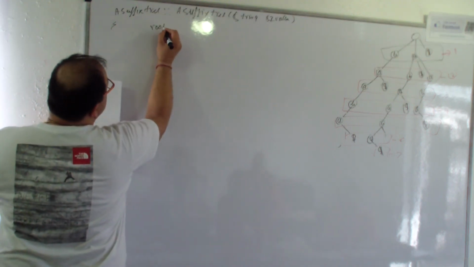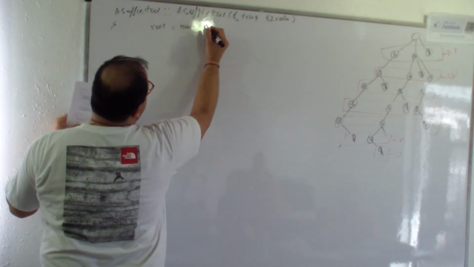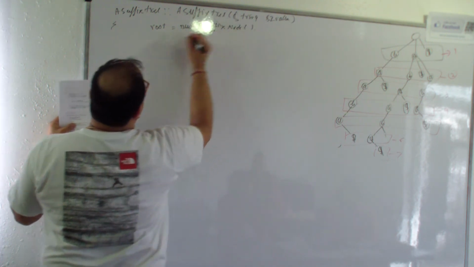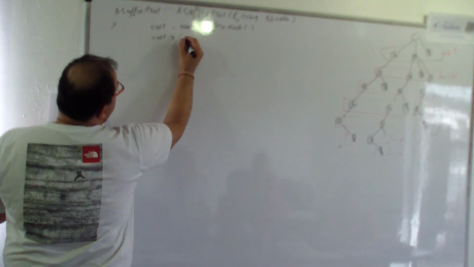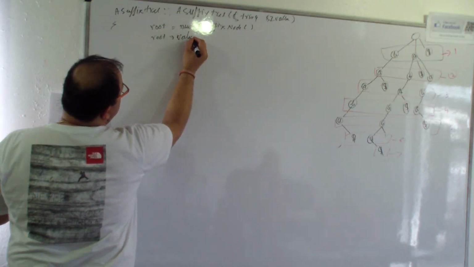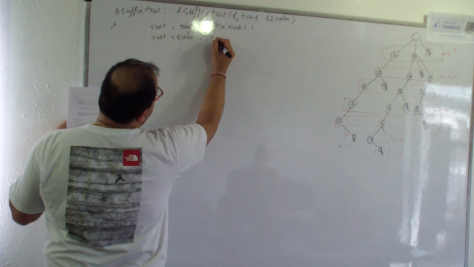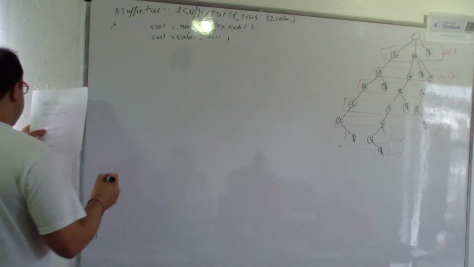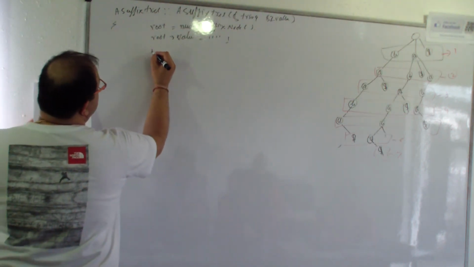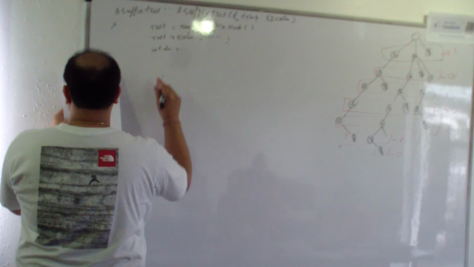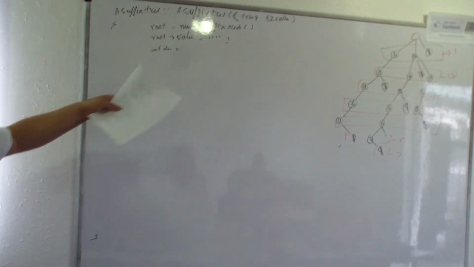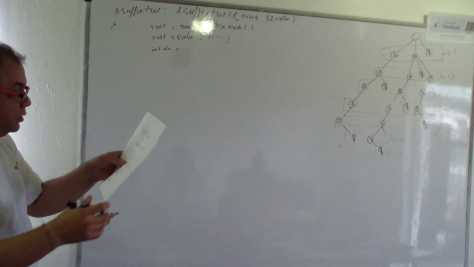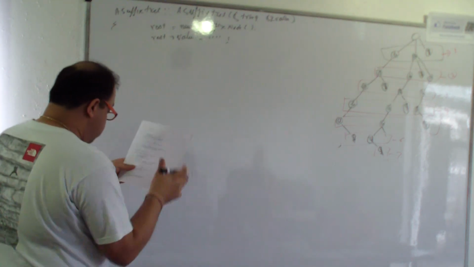So root is equal to new suffix node, and root arrow value is equal to blank. There's nothing in the value of the root. Then integer length is equal to the length of the string that we have passed, and if it is 0, we'll just add a dollar to that one. I'm not writing the code for that one.